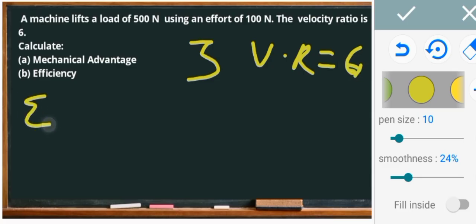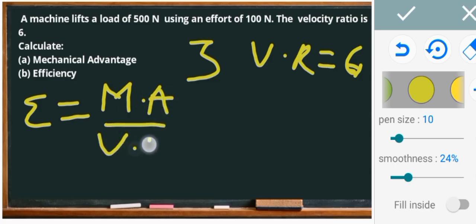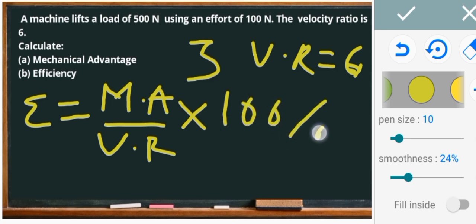Now let's go. Our efficiency equals mechanical advantage over velocity ratio times 100%. So that is the formula for efficiency. We're going to use this formula here. That is the relationship between the efficiency, mechanical advantage, and velocity ratio.